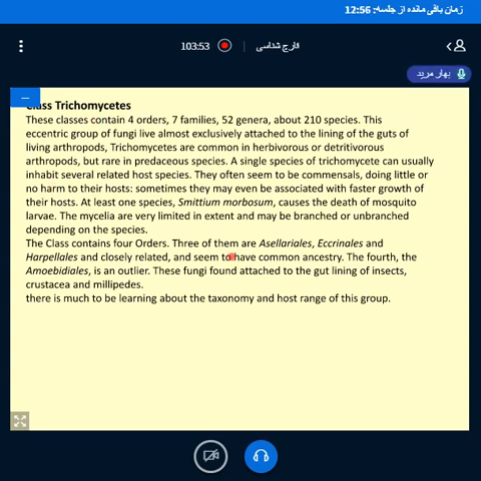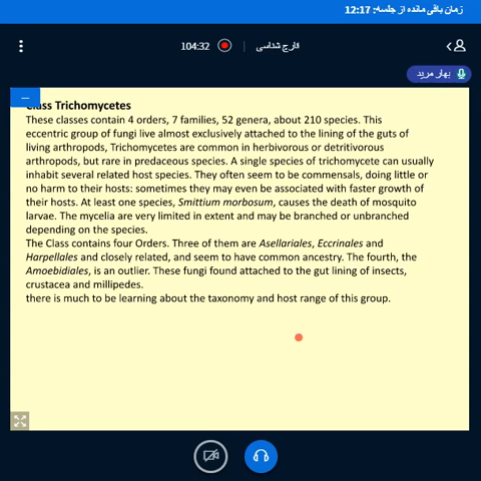Class Trichomycetes. This class contains 4 orders, 7 families, 52 genera, about 210 species. This eccentric group of fungi lives almost exclusively attached to the lining of the guts of living arthropods. Trichomycetes are common in herbivorous or detritivorous arthropods, but rare in predatory species.